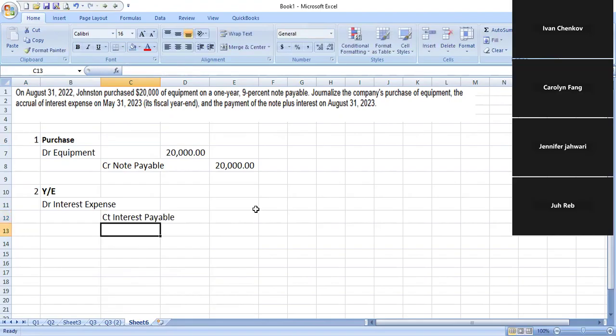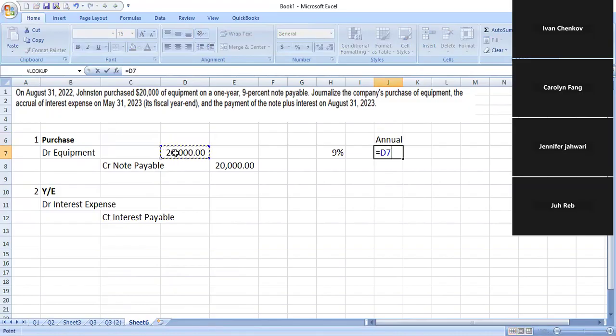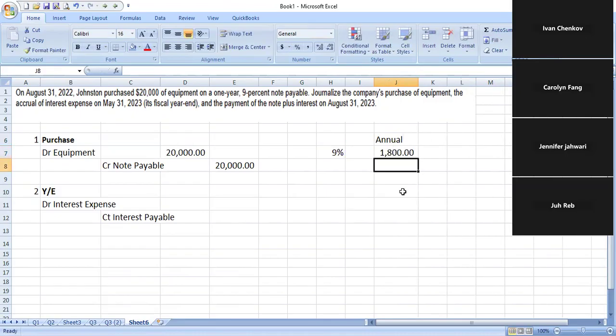Now, the only thing is that we have to calculate this amount, and we know that the 9% interest is on an annual basis, right? How much is the total annual interest we have to pay? $20,000 times 9%, we have to pay exactly 1,800.